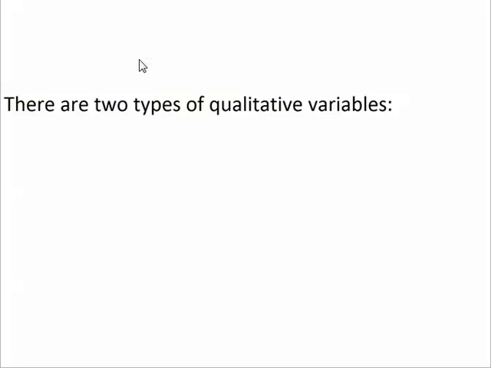Status in martial arts would also be an ordinal variable because at the bottom you might have a yellow sash, and then as you go up you might have a blue sash, a red sash, a brown sash, and a black sash. So there are ordinal variables involving levels of achievement.